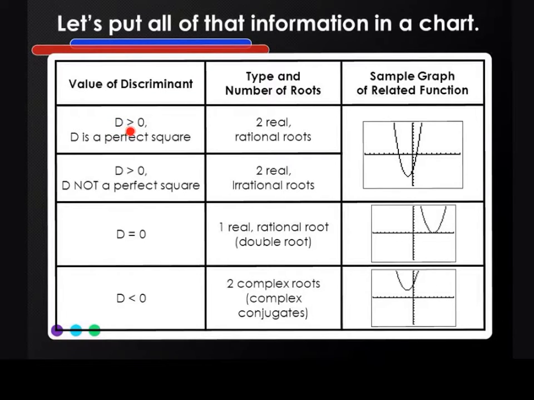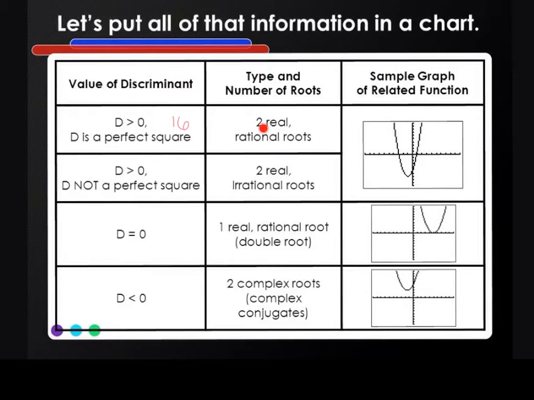So if you get a discriminant that's greater than 0, you plug in b squared minus 4ac, simplify it out, and you get a number that's greater than 0, meaning it's positive. But this says that it's a perfect square, so let's say we get a number like 16.